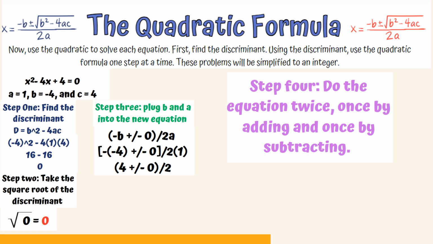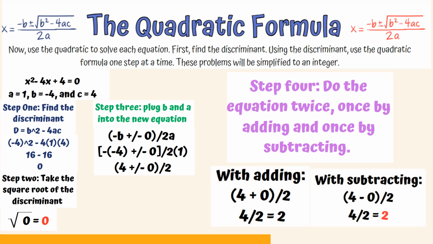We get the solution by doing the equation twice, once by adding and once by subtracting. With adding, we had 4 plus 0 divided by 2. Well, 4 plus 0 is 4. 4 divided by 2 is 2, which is how we got this 2 here.